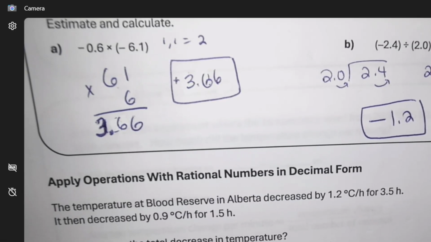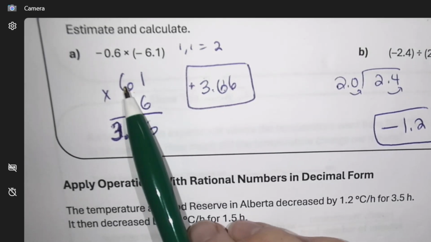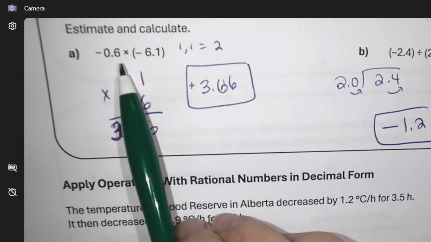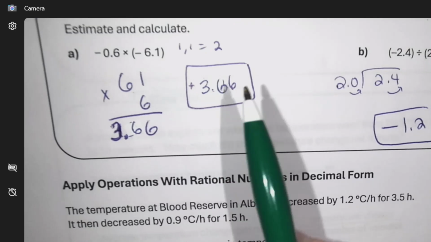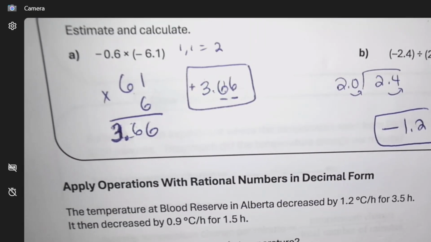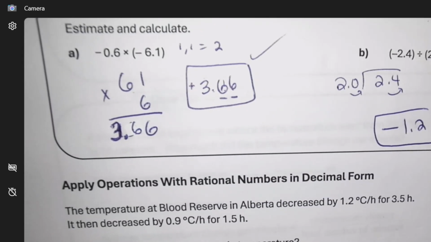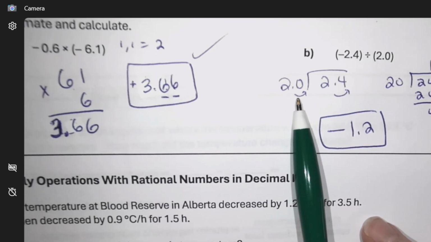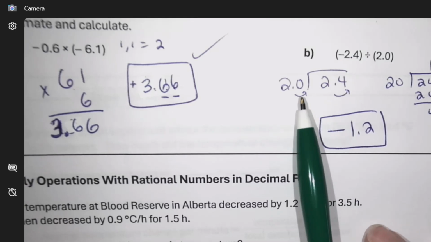Okay, so the first example, I got rid of the decimals. So I like to do the bigger numbers, so 61 times 6. Okay, and then I decided because there was one decimal, my final answer needed to have 2 decimals, and negative made me positive. So that was good. Check that you got it right. Check. And here I set it up as it was. I avoided any negative signs till the end.